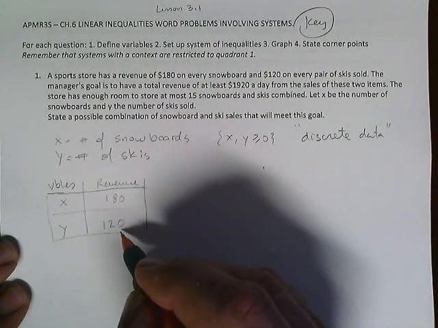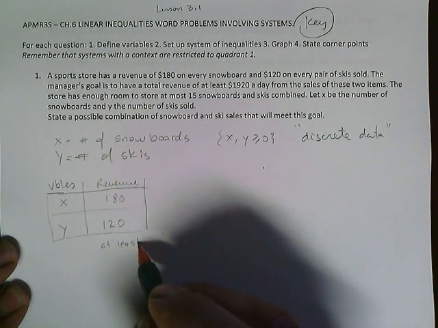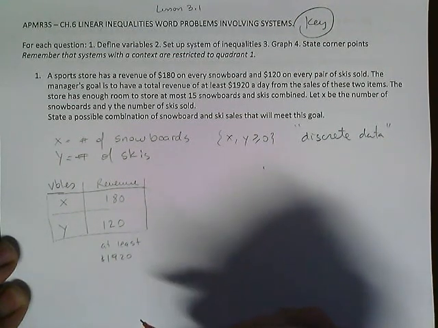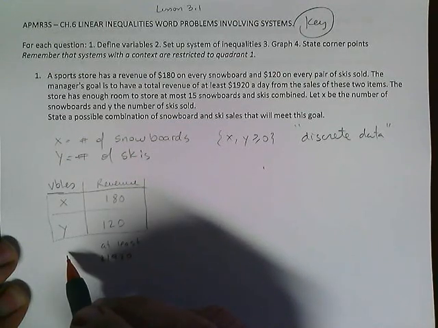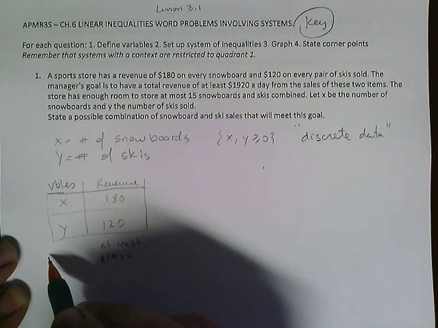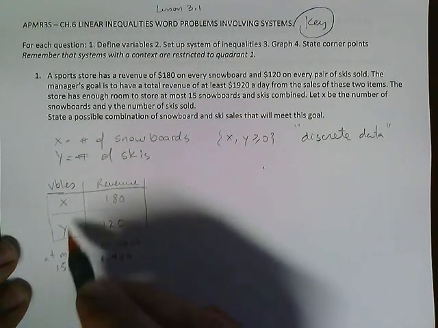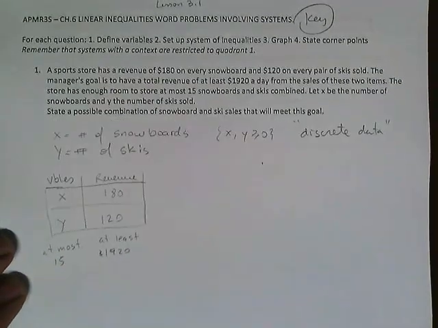Now there's a restriction on revenue, right? At least 1920 to be sold, okay? And there's also a restriction on the number of snowboards and skis combined, right? At most 15, if you were to consider those two items.